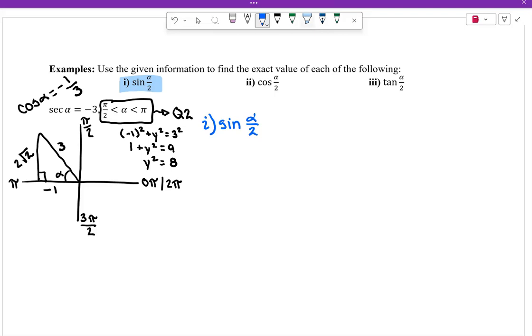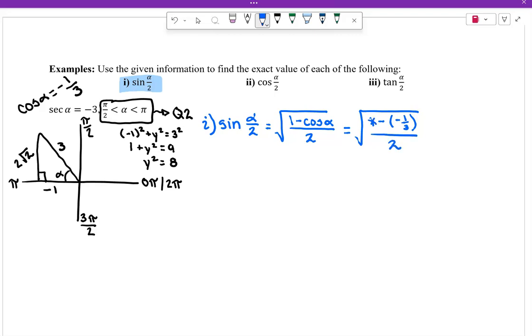Okay, you might be getting some of it memorized by now, but I think I'll just stay all in blue. The formula here is the square root of 1 minus cosine of alpha over 2, which equals the square root of 1 minus negative 1/3 divided by 2.